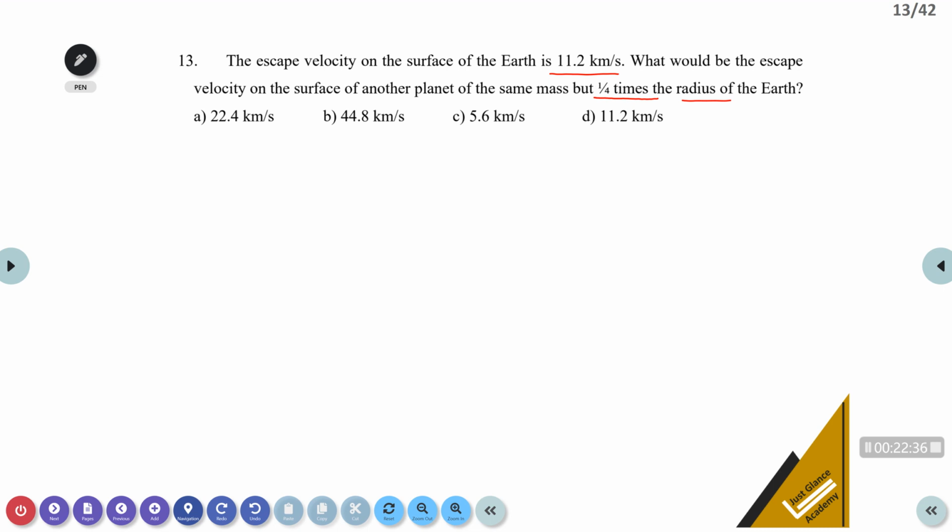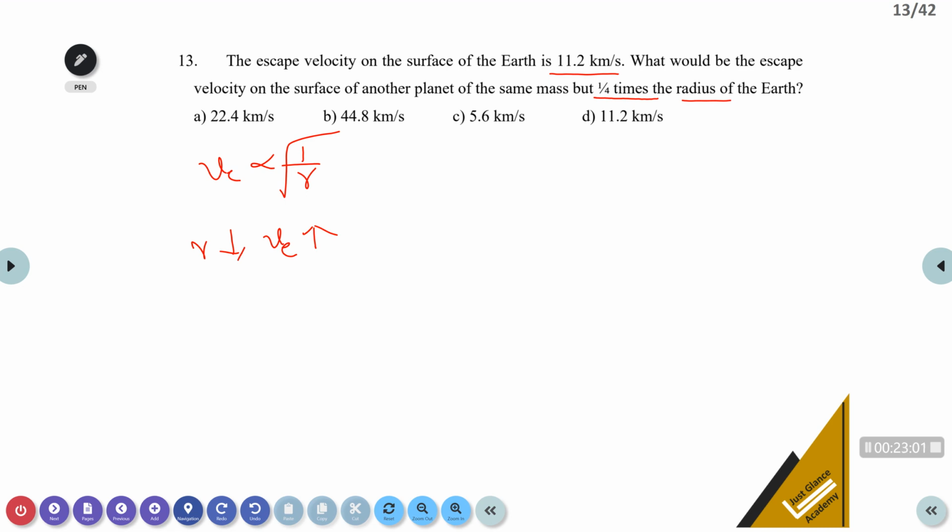Okay, see. Radius decreases. Escape velocity is inversely proportional to what? This radius or distance. If r decreases, since there is a square root, then escape velocity increases. We know that escape velocity and radius are inversely related here.